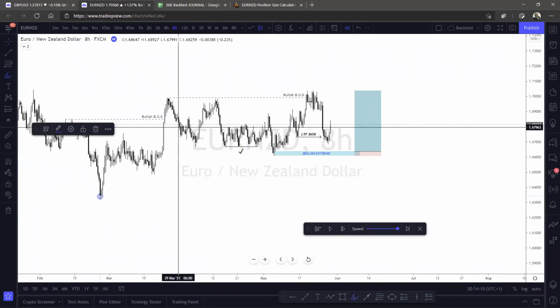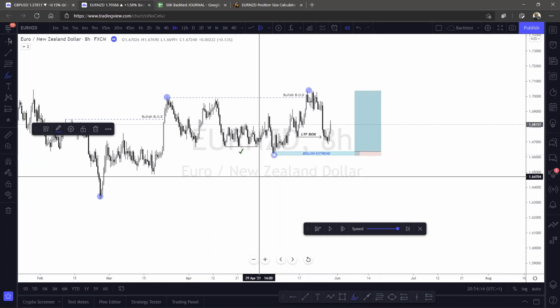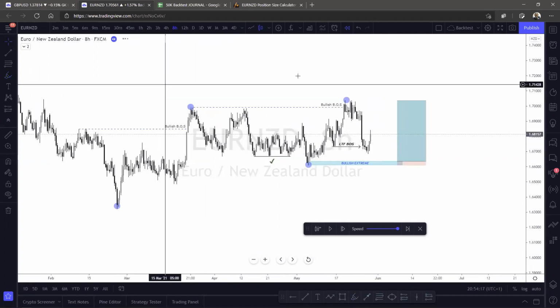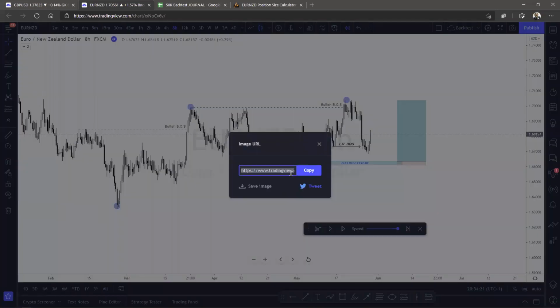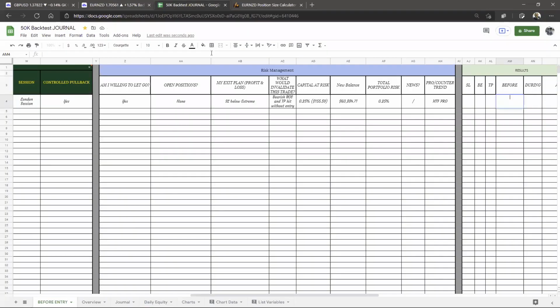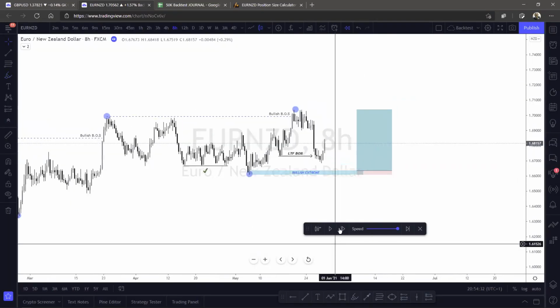This is that low. This is that high. This is the new high. This is the higher low. And this is the before. Cool. All right, now let's see.